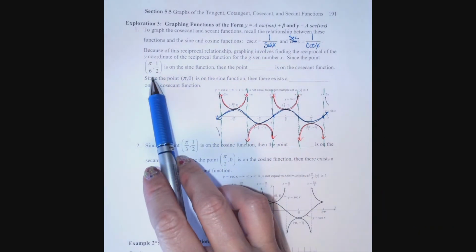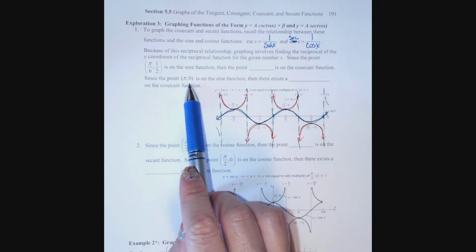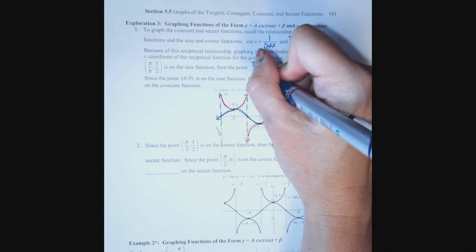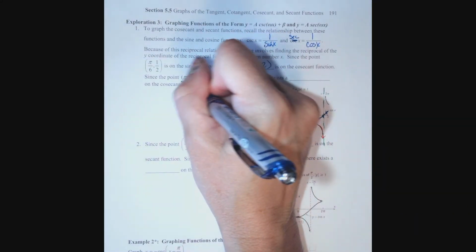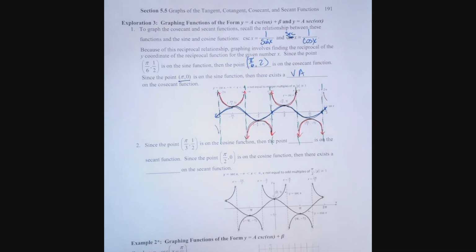Since (pi/6, 1/2) is on the sine function, then (pi/6, 2) is on the cosecant function, the reciprocal of 1/2. Since the point (pi, 0) is on the sine function, there exists a vertical asymptote on the cosecant function.